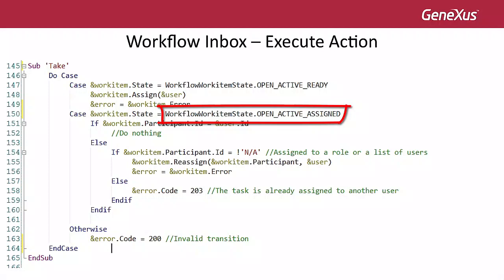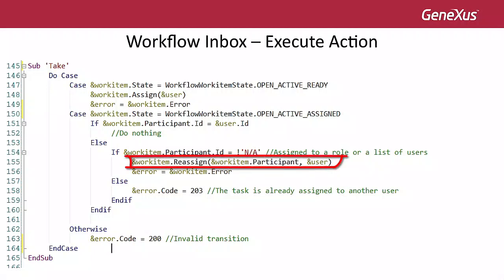In case the work item is open active assigned, it will validate that the user logged in is the user who has been executing this work item. In that case, it's going to do nothing, but in case the user executing it is not the user that has previously executed the work item, it will reassign the work item to the user who's running the inbox.